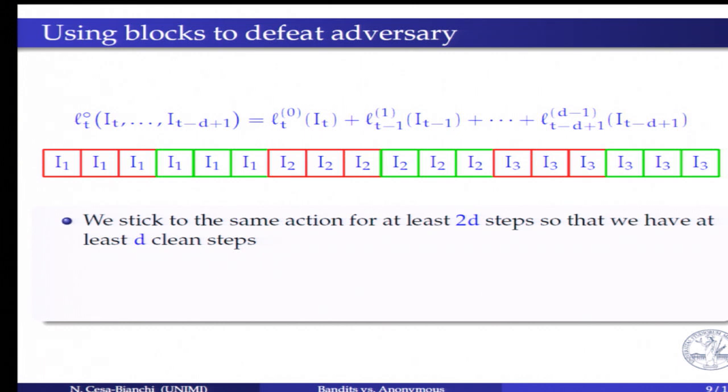So if I play, for instance, the same action for 2d time steps, in the last d time steps the net effect of the loss I observe will be only given by the action I played in the block.